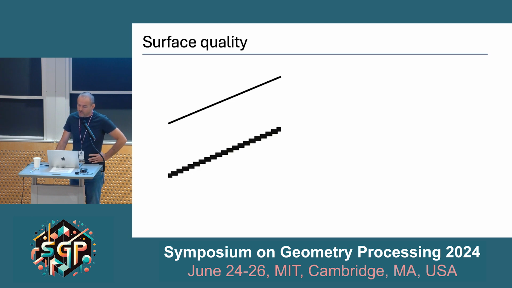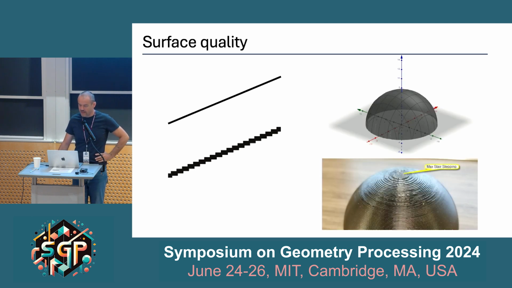About the quality of the surface, when 3D printing or fabricating in a layered fashion, you can observe something which is very similar to the classical aliasing when rendering. This happens because you are using a fixed grid of pixels for your images, and very similarly it happens when you print, because you are using a fixed resolution.